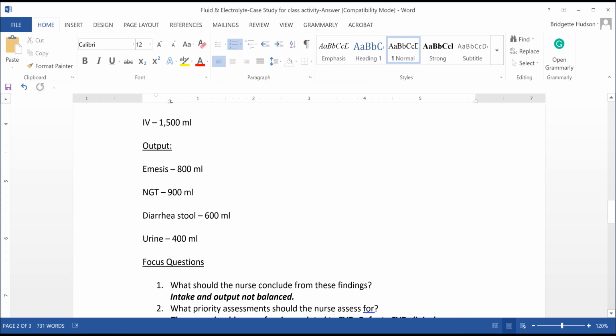Even with the bolus, she was still under. She got a 500 cc bolus. Should we check respirations, and if so, why? And when they say bolus, they're basically talking about a fluid challenge. That's another term that you may hear it called.